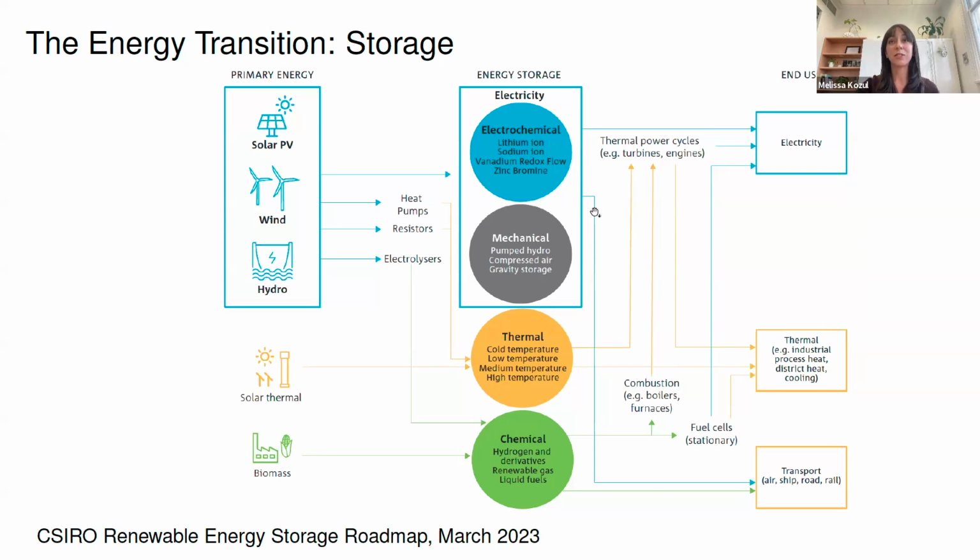If we look at the main types of storage proposed by this CSIRO energy storage roadmap recently, aside from the electric storage, so that would be in a battery, which is already commercial technology, these other types of storage, so mechanical storage, including things like compressed air storage, thermal, so creating heat that you can then use for a turbine, or chemical, creating fuels that you can store and then use on demand, all of these technologies rely on a gas turbine eventually, or parts of the turbine.